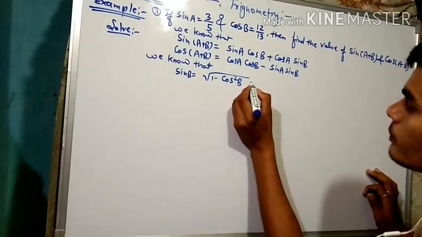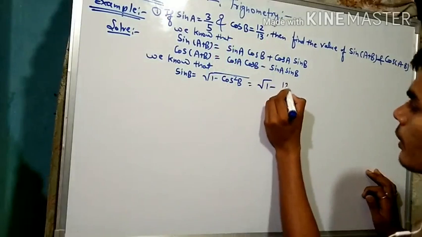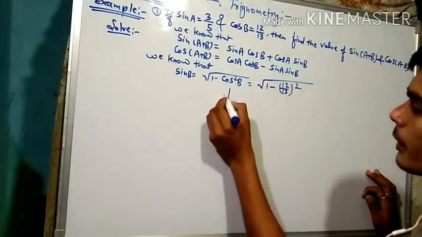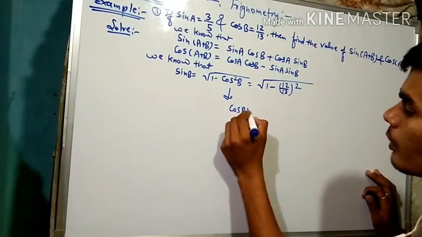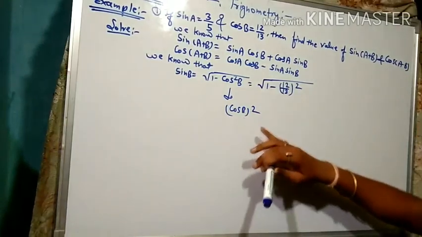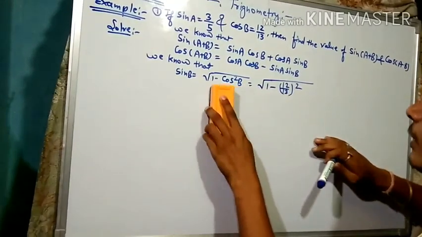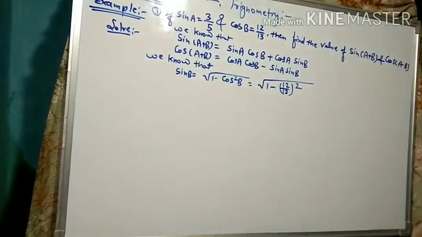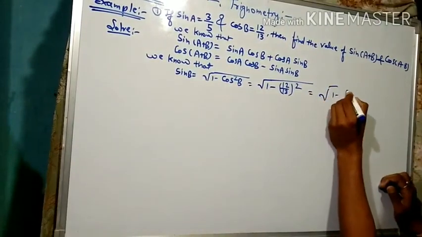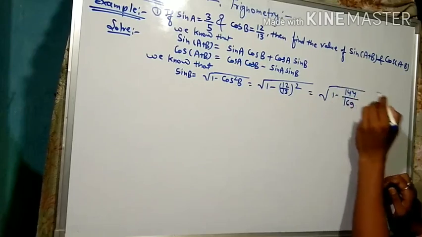Now, 1 minus cos square B, we can write in this form. Hope you are clear. The square of 12 is 144 and the square of 13 is 169.